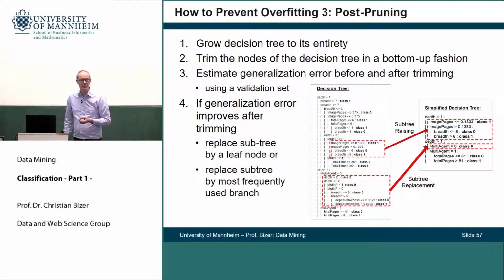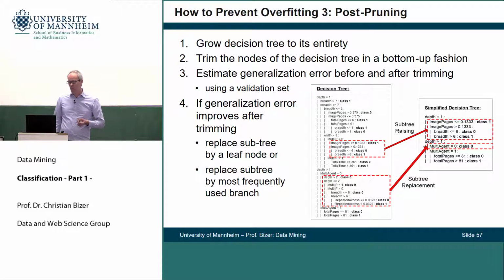If this is the case, we estimate that the pruned tree, the more general tree, will work better for the general case, as we think that these really deep nodes, again, model outliers, model specific patterns that exist in our training data but don't exist in our validation set.